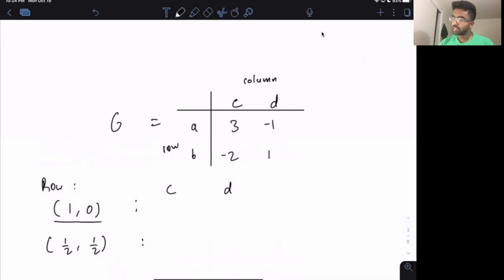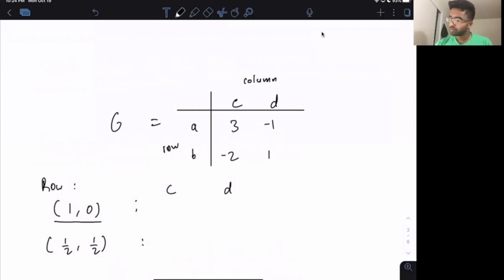And that basically means, if column then plays C, we'll look at this column exclusively. And the probabilities are then 1, 0, right? So the expected payoff is going to be 1 times 3 plus 0 times -2. So the expected winning here is just going to be 3.